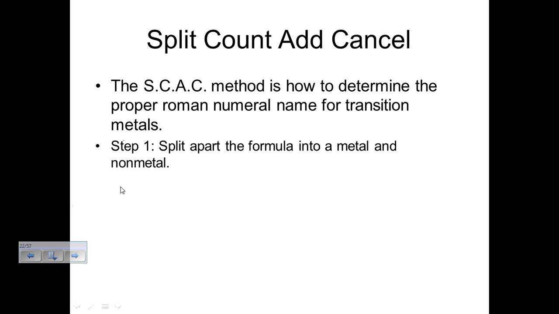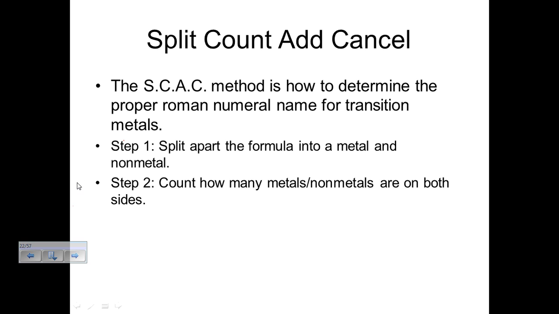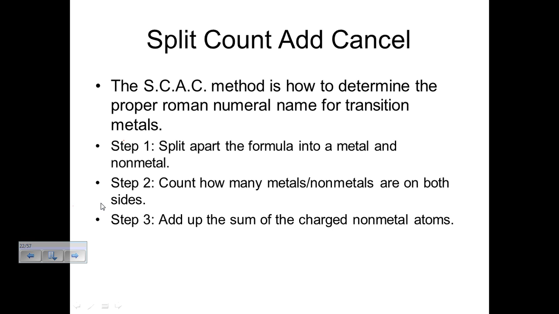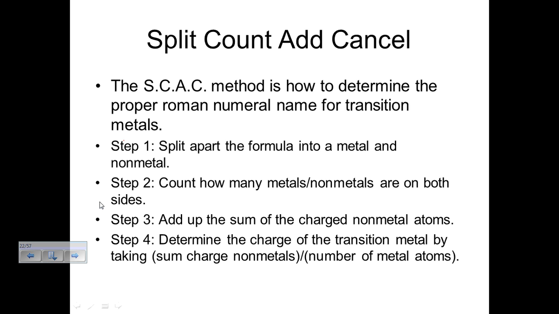Step 1, split apart the formula into a metal and a nonmetal. Step 2, count how many metals and nonmetals are on both sides. Step 3, add up the sum of the charged nonmetal atoms. And step 4, you're going to determine the charge of the transition metal by taking your sum of the charge on your nonmetal and you're going to divide it by the number of metal atoms you have.